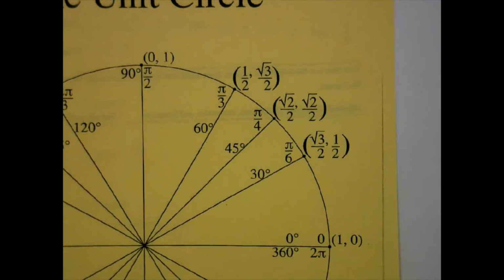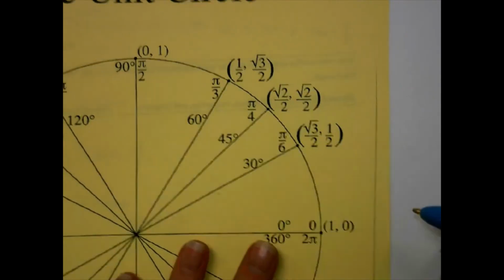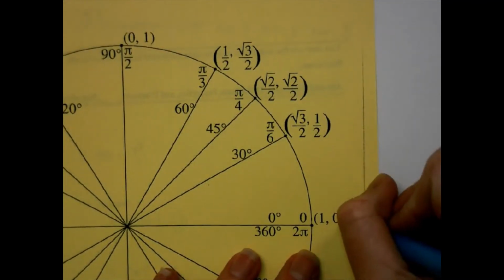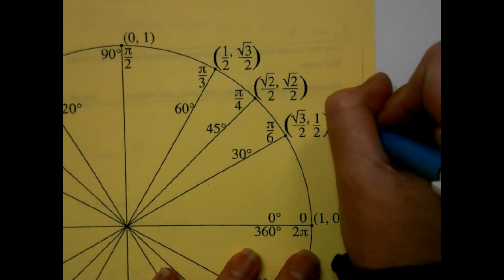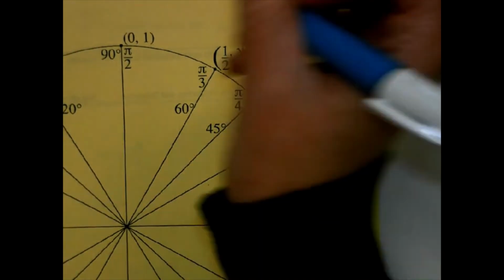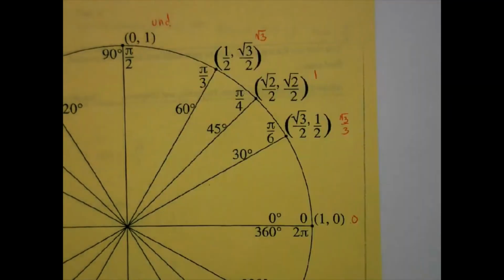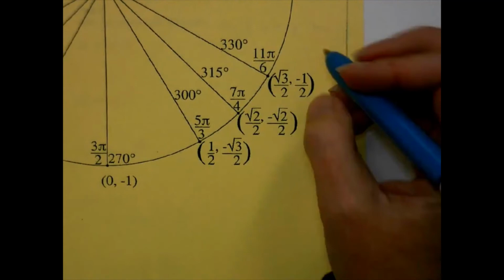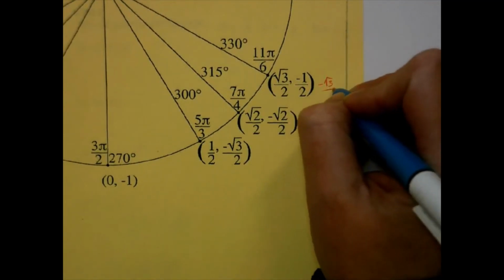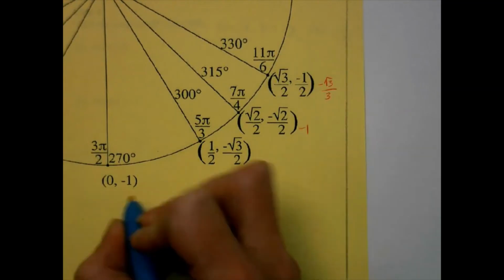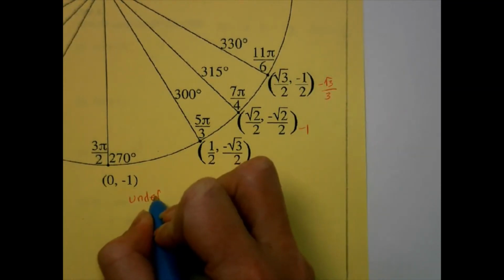I would go ahead and mark your tangent values so that if you're asked it, it's already done. So tangent is 0 here, root 3 over 3 here, 1, root 3, undefined, and then it's just going to reflect over. So in the fourth quadrant, this is negative root 3 over 3, negative 1, negative root 3, undefined.